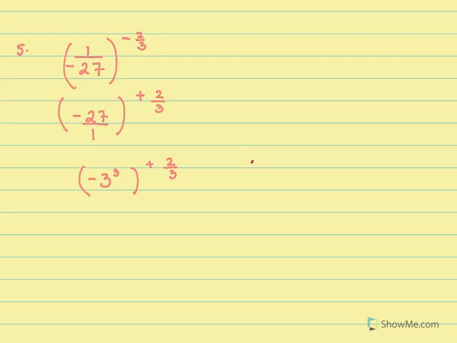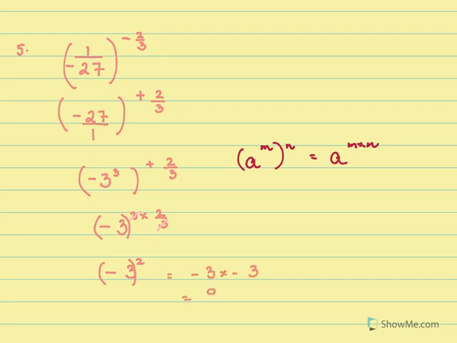I use the law a raised to m raised to n equal to a raised to m into n. So it's time for me to multiply the powers. Raised to 3 into 2 by 3. I cancel the 3. So now you will get minus 3 raised to 2. Here I should have put the bracket all over. It makes a lot of difference. So this is minus 3 into minus 3, which is 9.